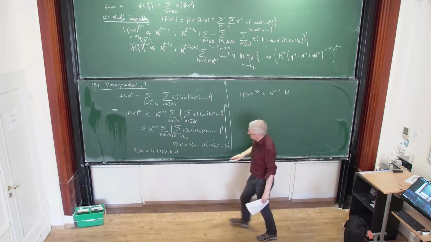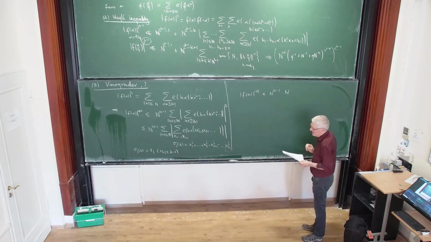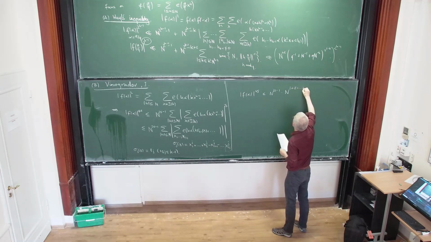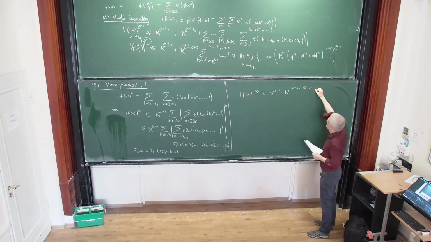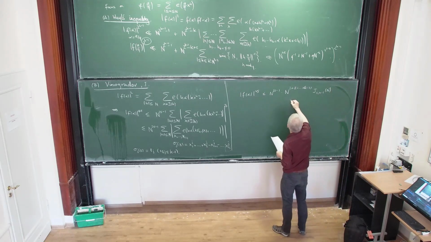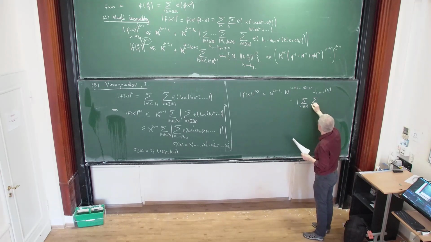I have to fix choices of L1 up to Lk minus 2. So there's some cost to doing that. And then there's the number of solutions of a system of simultaneous equations, which I encode with this expression, which I'll define in a moment. And then there's an exponential sum that I get to estimate from all of this.